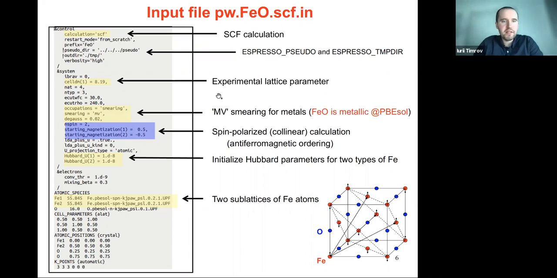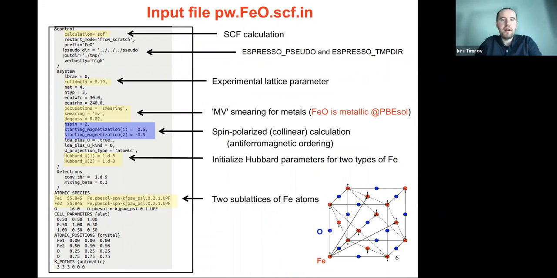In yellow, this is what you should know already, like the type of calculation, NSCF. We use the experimental lattice parameter. This is celldm(1). We use smearing because iron oxide comes out to be metallic. It's a fake metal at the level of LDA or GGA. So we know that it is metallic, so we need to use smearing.